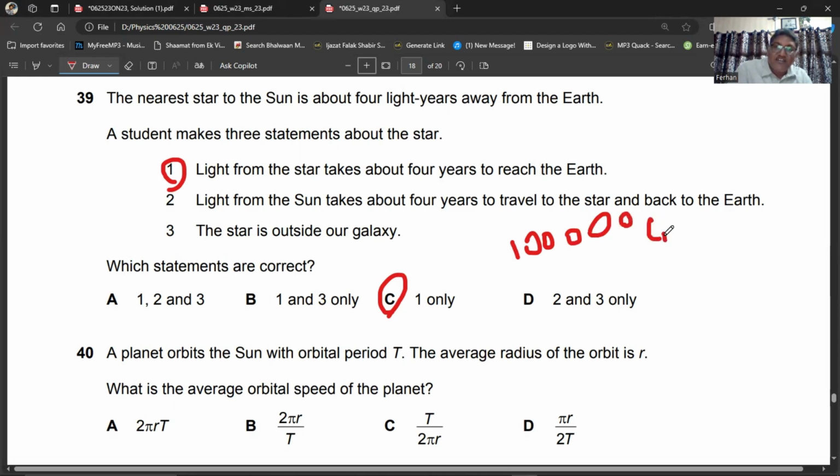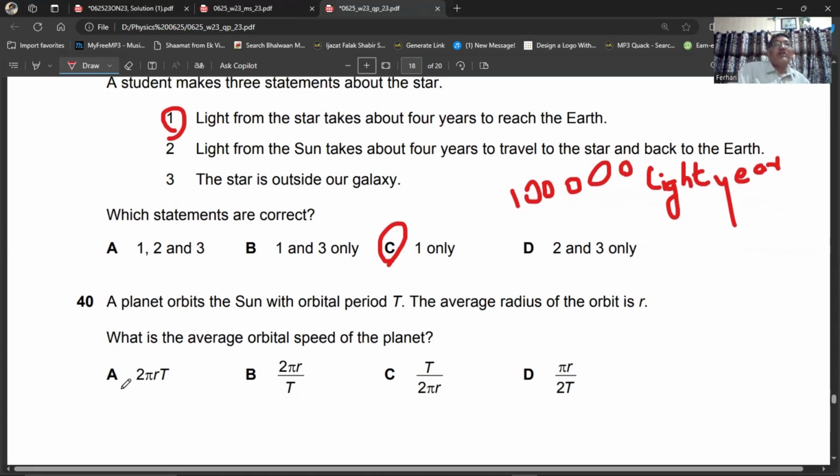So 4 light years is a very small distance. The diameter of the Milky Way is 100,000 light years, and this is only 4 light years. Okay, so this is very small. So C is the right option, sir.